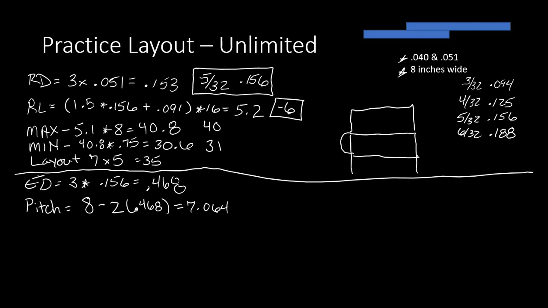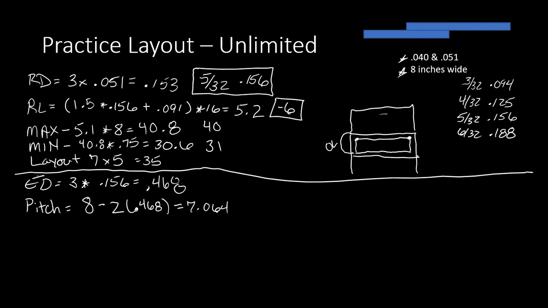And this is where they're overlapping. What I'm saying is, from the edge, I've got to be 0.468 away, all the way around. So I end up with a little box. And I know the distance where my first rivet is and my last rivet is. That's what that 7.064 inches is. So from my first to last rivet is 7.064 inches.